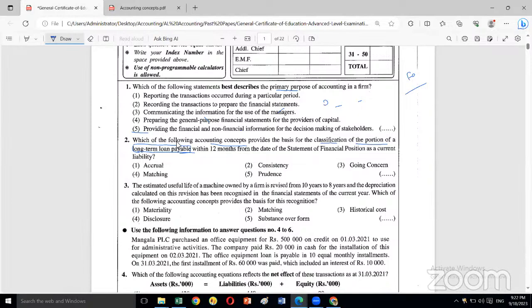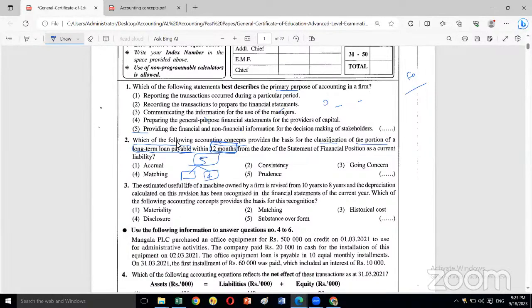But if I want to settle the long-term loan within 12 months, then it will become a current liability. That means I took a loan for 5 years. Next year I have to pay an installment. After that, the remaining 4 years I have to pay installments.